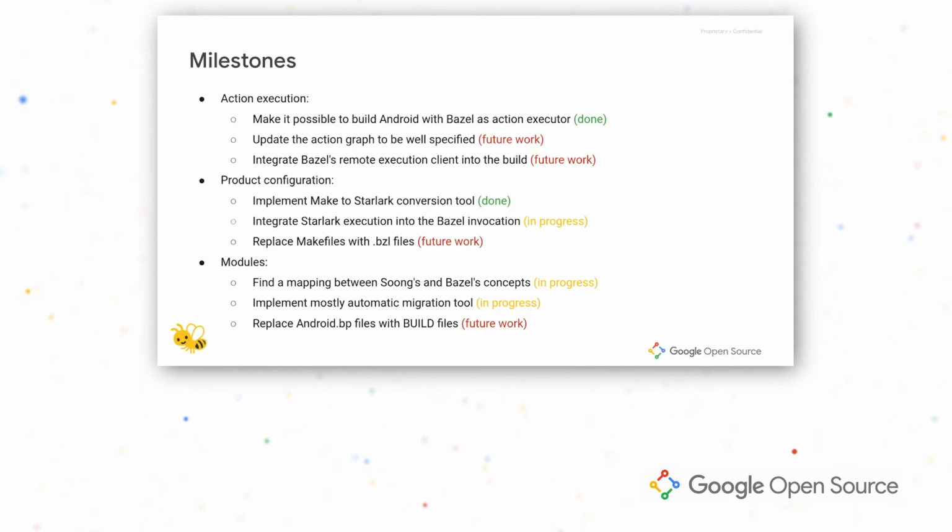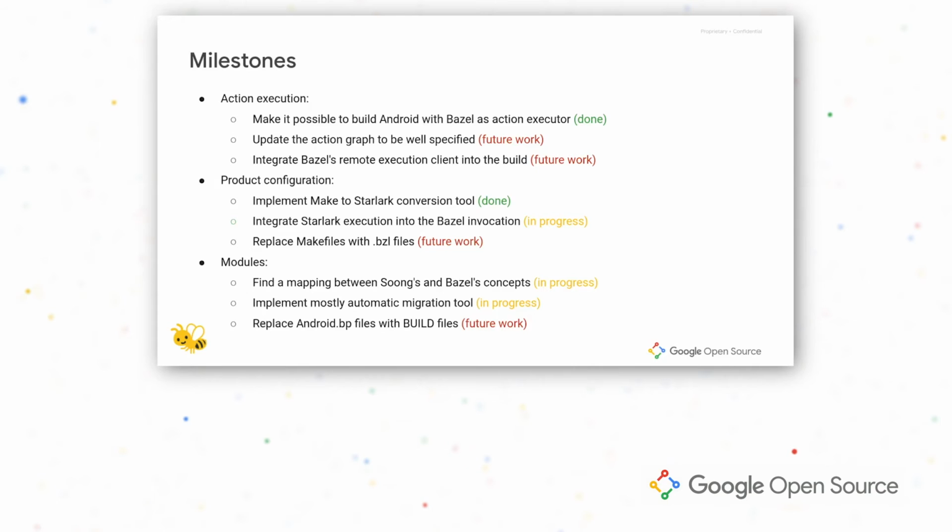The largest challenges are in the third workstream, that is to say, integrating Bazel into a build with Soong and Kati, because that's when there needs to be a conceptual mapping between the concepts of these three build systems. And it turns out that all three have a complicated conceptual model that needs to be reconciled somehow.